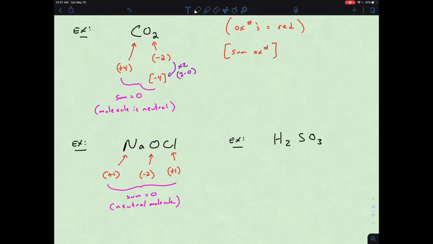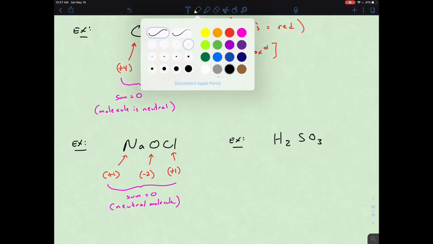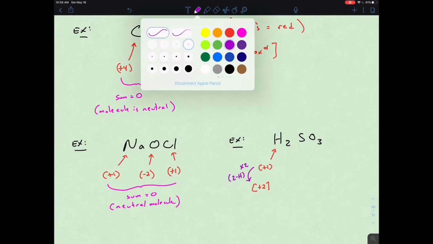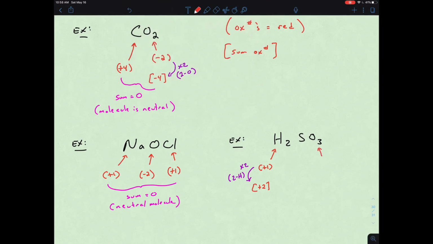Here we have sulfurous acid. Assigning its oxidation numbers, we would have +1 for our hydrogen. It's in group 1A. It's a go-to element, and there are 2 of them there, so I want to multiply that by 2. So there's 2 hydrogens. If I go to the far right, I have my other go-to element, which is my oxygen, which is -2.